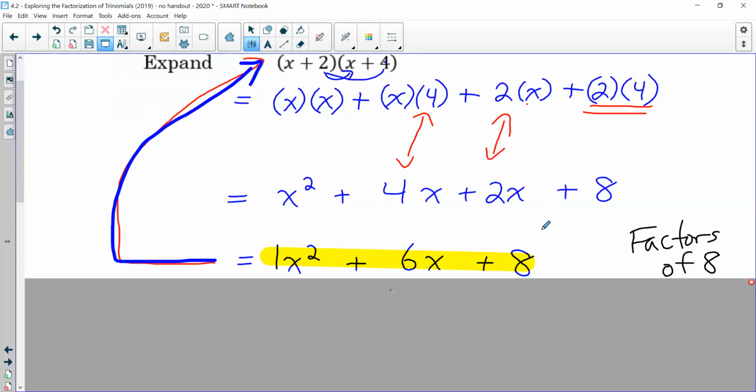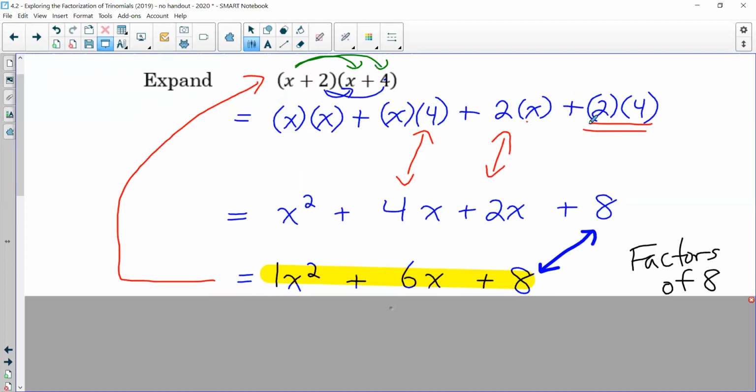So one of the techniques involves looking at the factors of 8. Now, why is that important? Well, let's take a look up above here. These numbers, the 2 and the 4, they were both used in the expansion, weren't they? So they play a very important role in determining what could be the factored form.